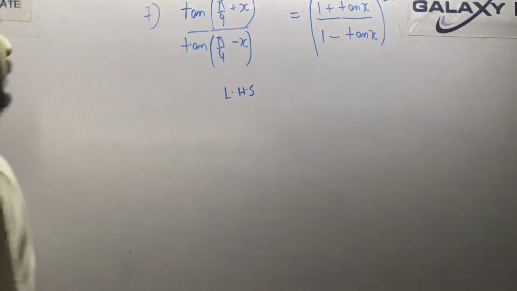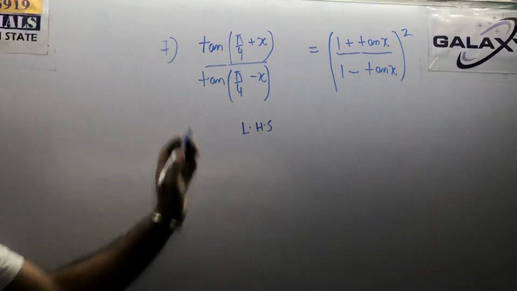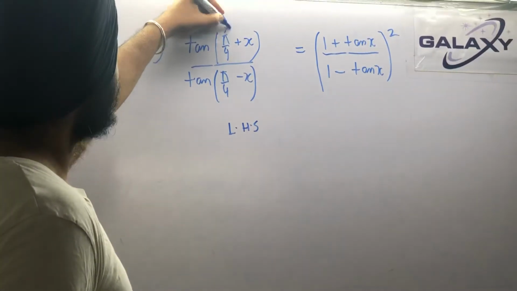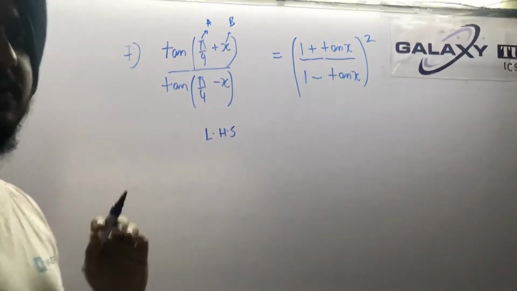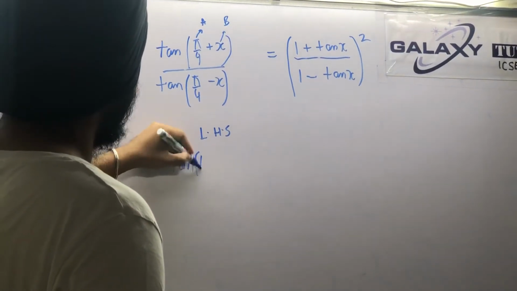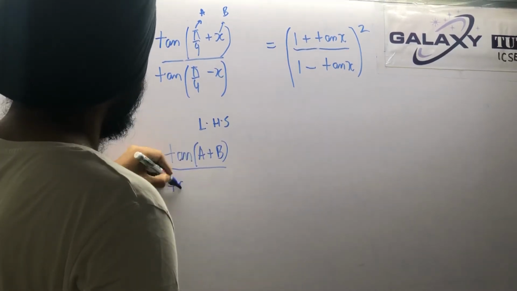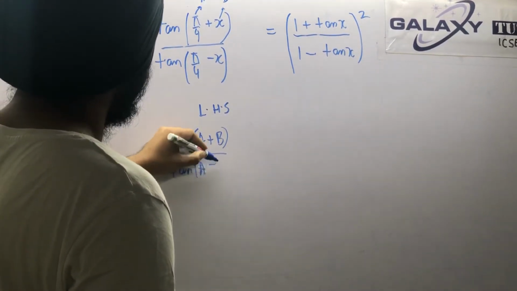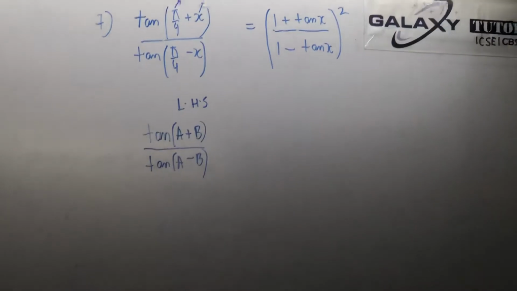Now look carefully at the left hand side. Can you use any identity that you have studied? See, pi by 4 you can assume as a, and you can assume x as b, just for the sake of convenience. Okay, so this looks something like this: tan a plus b upon tan a minus b. Now you know the identity for tan a plus b and tan a minus b.